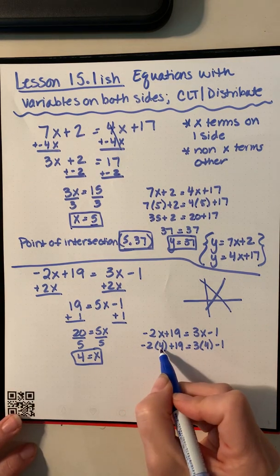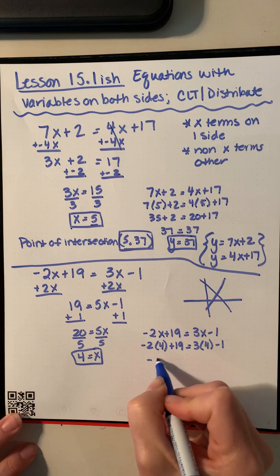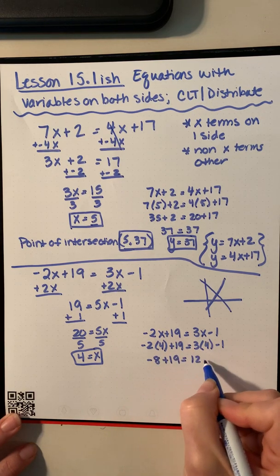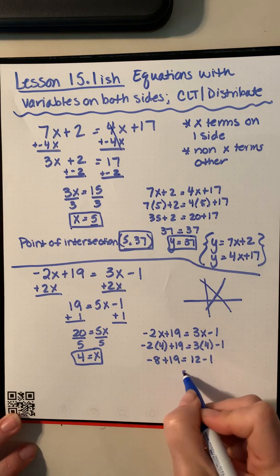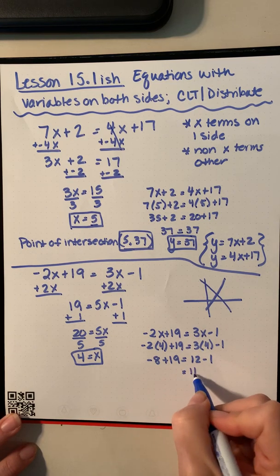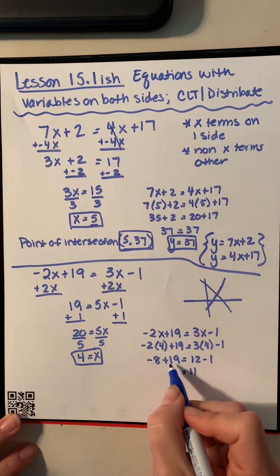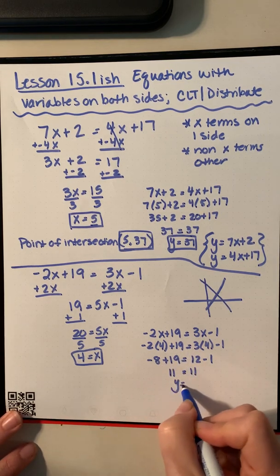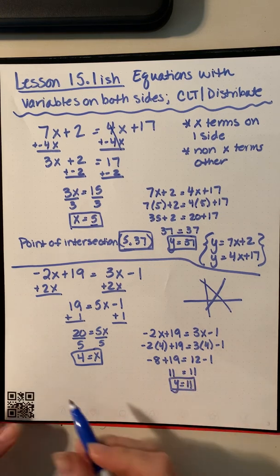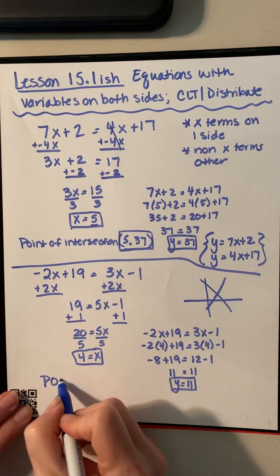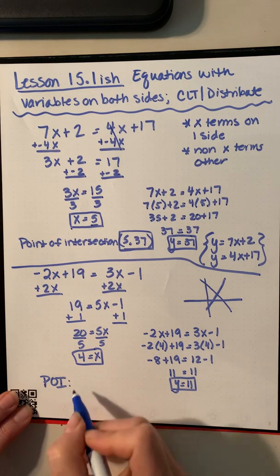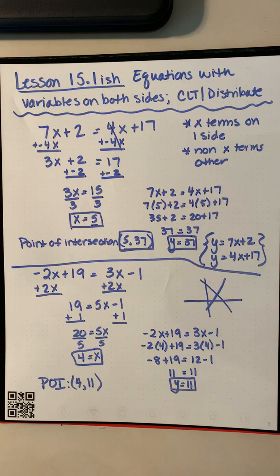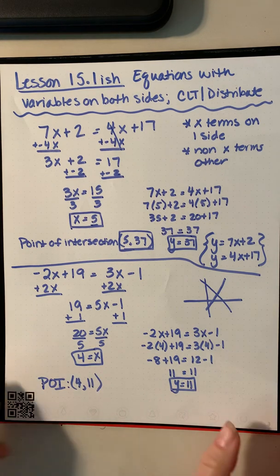Negative 2 times a positive 4 is a negative 8. 3 times 4 is 12. And look at this. 12 minus 1 is 11. Negative 8 plus 19, which is the same as 19 minus 8, is also 11. So there's my y value. Okay? My point of intersection is 4, 11. That's where they're going to cross over with each other.